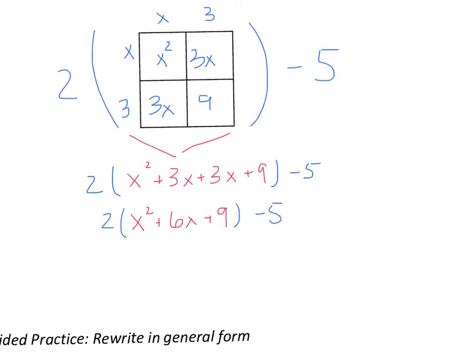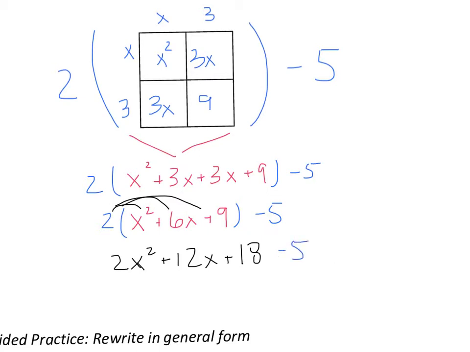Now we're going to take that 2 and distribute it to everything inside the parentheses, which will give us 2x squared plus 12x plus 18. And then now, still on the outside, we have the minus 5.